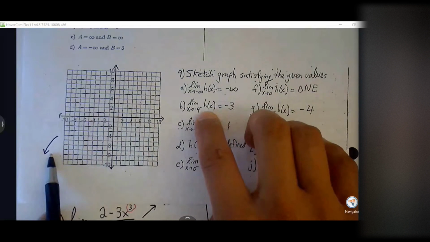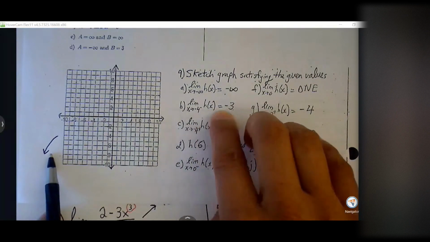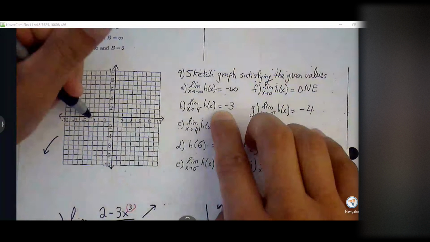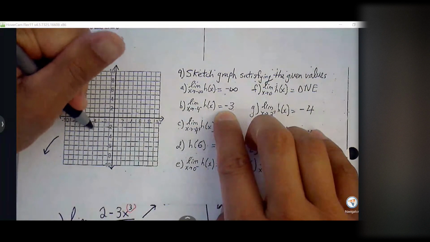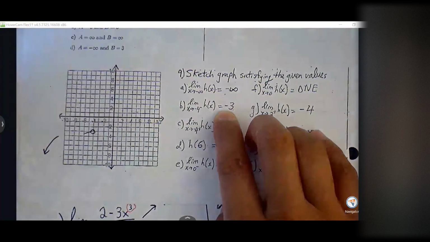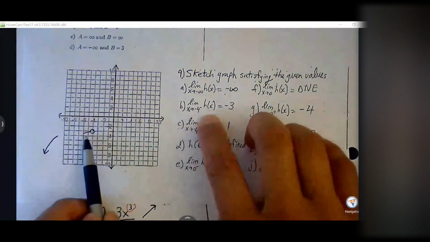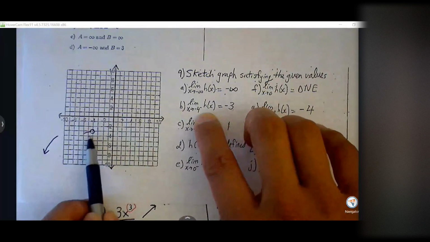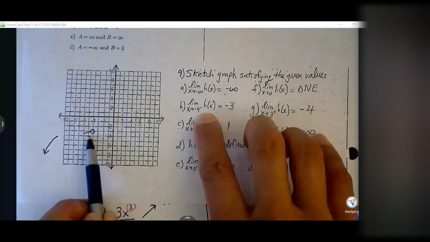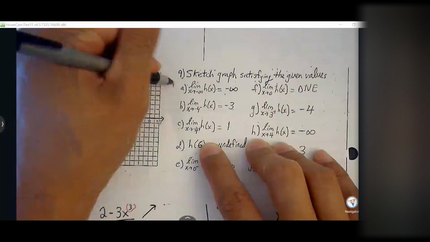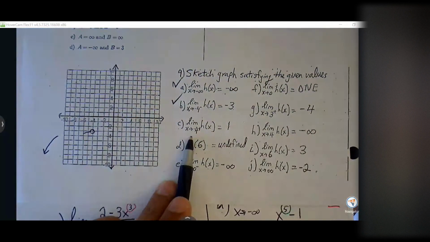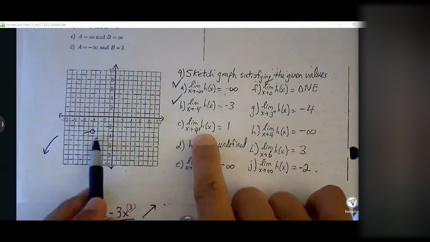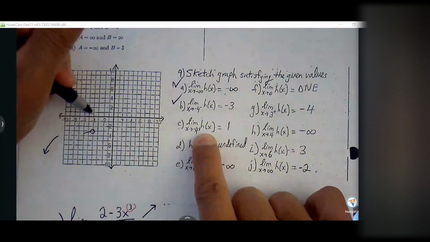As it approaches -3 from the left side, I need to show that stem coming out from the left side of the hole. Approaching -4 from the right side, it is going to head towards 1.